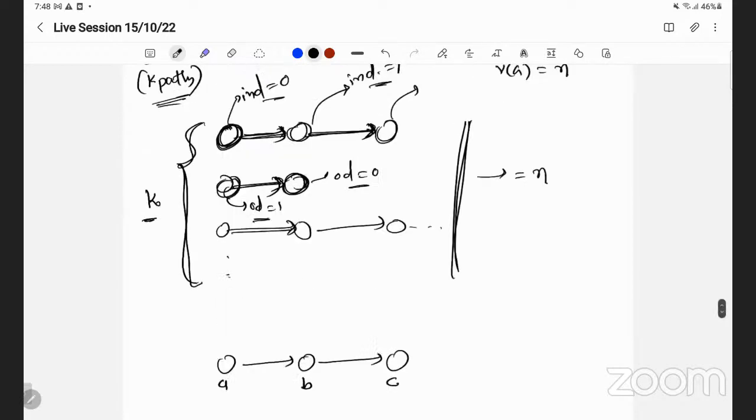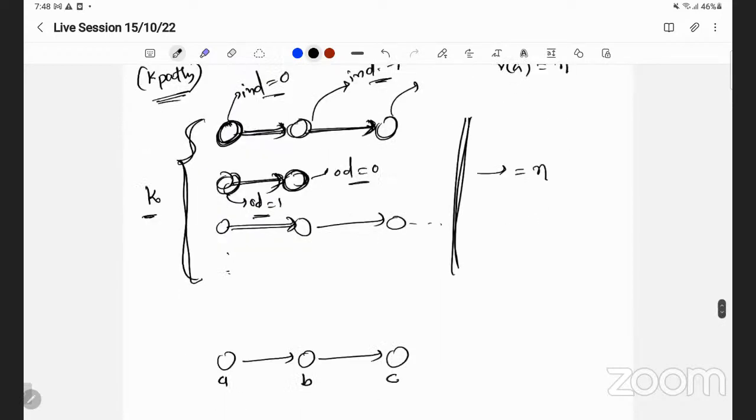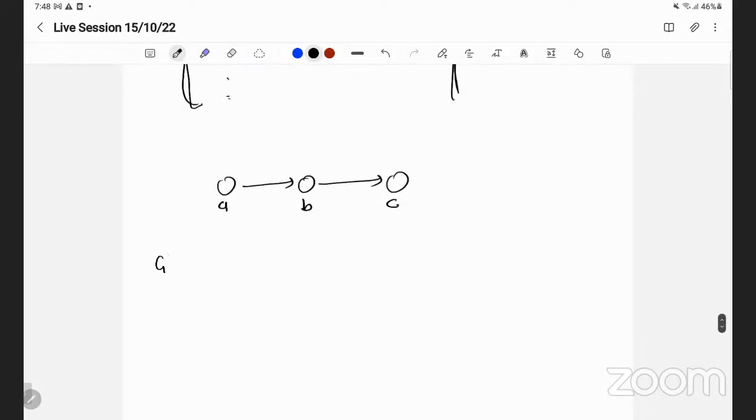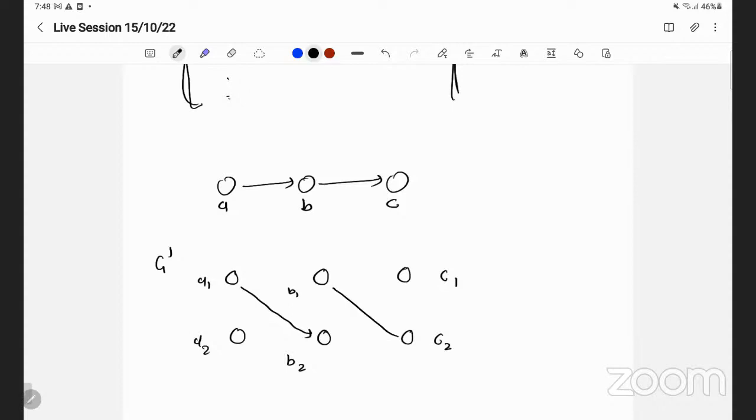Now in G prime, this vertex A will get split into two vertices, A1, A2. B will also get split into vertices B1, B2, and C will also get split into vertices C1, C2. And the edge from A to B will be the edge from A1 to B2, and B to C will be B1 to C2, right?